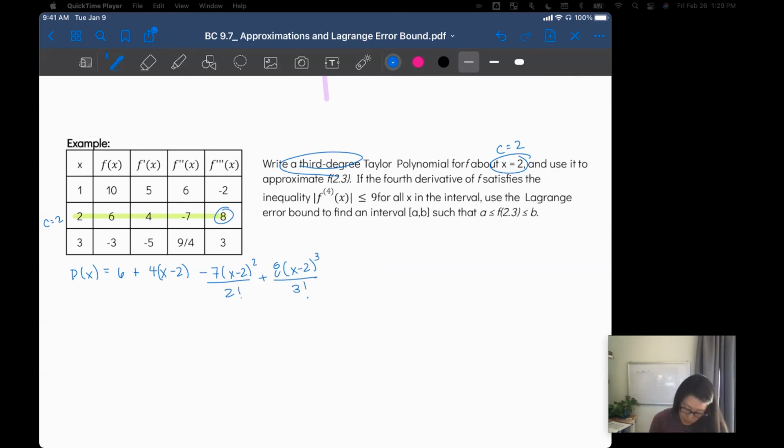All right, and then if I want to evaluate this, f of 2.3 is about equal to, and all I'm doing is plugging in 2.3 for x, which makes this my x sub naught.